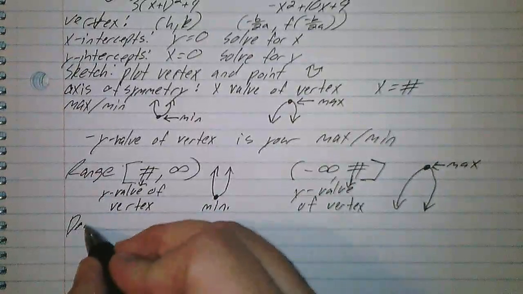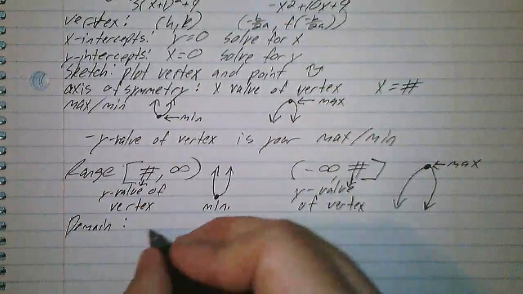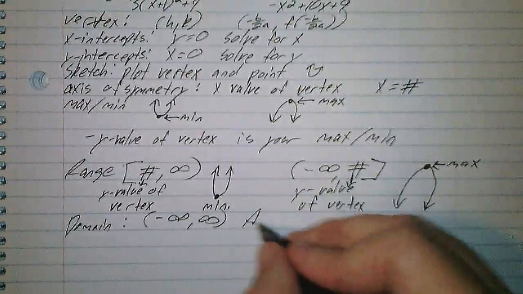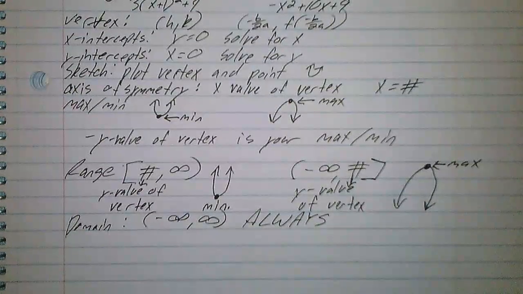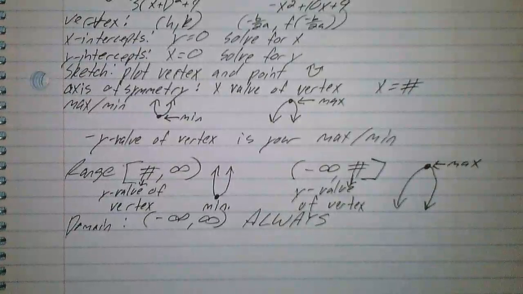And then domain, for every parabola, is negative infinity to positive infinity, always. Because of the arrows going out at angles, it will always go out towards infinity along the x-axis.